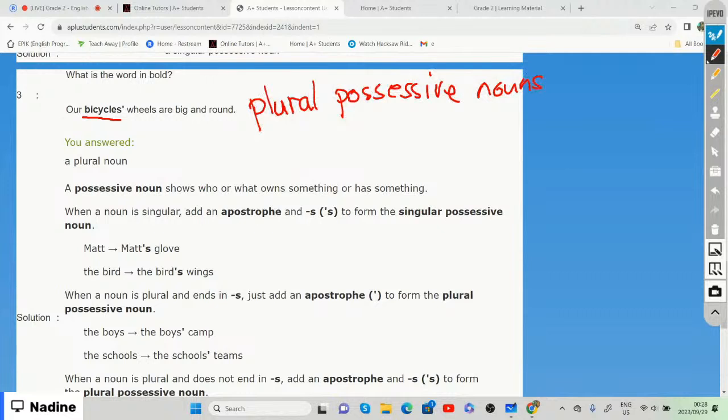Because bicycles ends in an S, we basically just add the apostrophe. So this is a plural possessive noun.